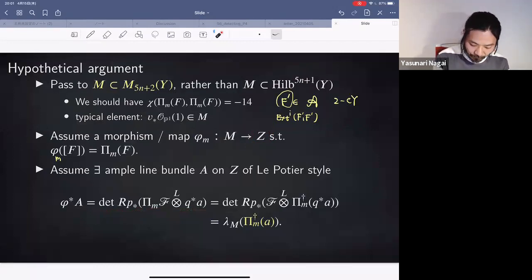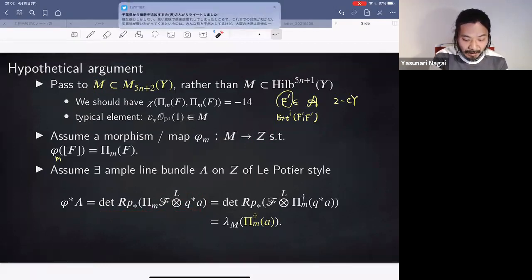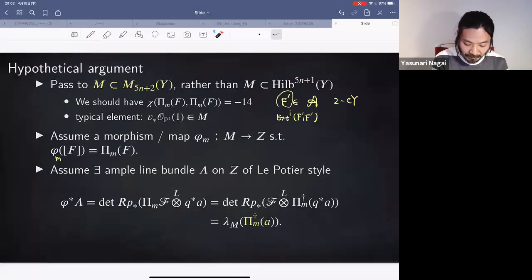So if you have a universal family of sheaves on M, then we take a relative projection and take a test object, then form the determinant line bundle. And we assume that an ample line bundle on Z can be written in this form.